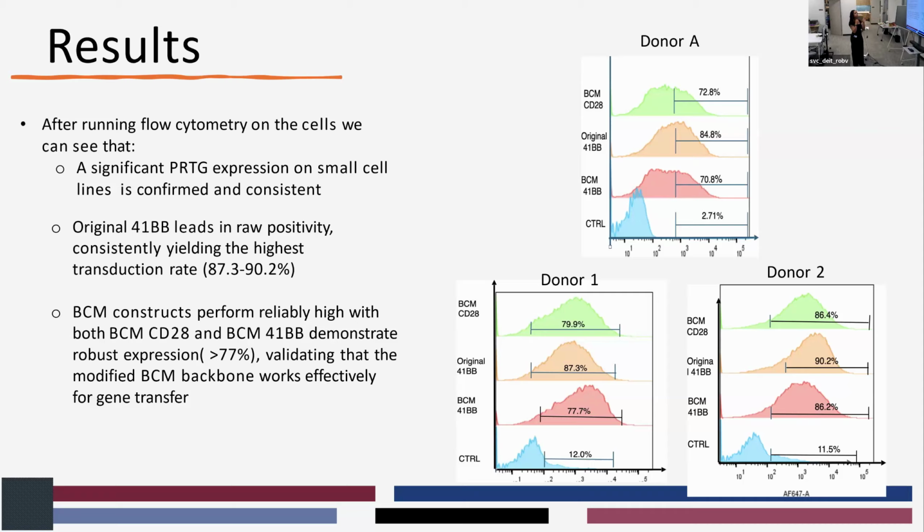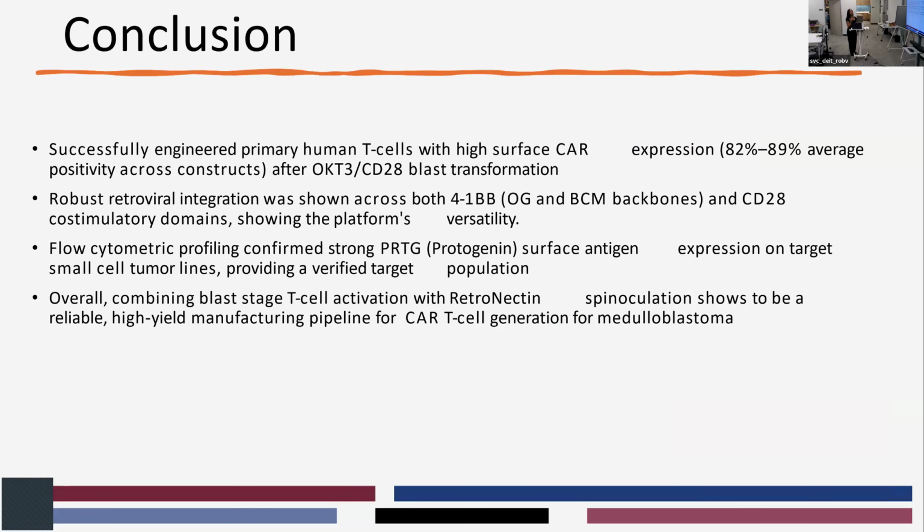So the PRTG expression on the small cell lines is confirmed and consistent. Our OG 4-1BB leads in raw positivity, consistently yielding the largest transduction rate. And then the BCM constructs perform reliably high with both BCM CD28 and BCM 4-1BB demonstrating a robust expression, validating that the modified BCM backbone works efficiently for gene transfer. And then our conclusion.